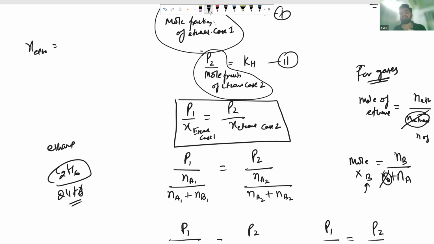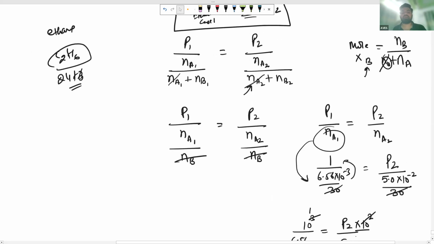In the second case, it will be the number of moles of ethane solute upon the number of moles of solute plus the number of moles of solvent. Since in the case of gases the mole fraction of solute is very small, we will just reject the number of moles of solute in the denominator.